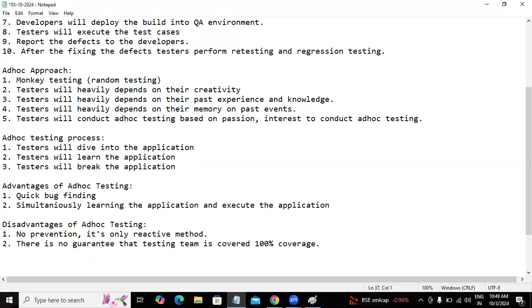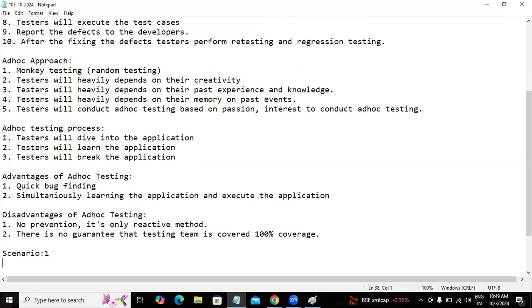Yeah, I had mentioned one scenario, right? I'm going to provide scenario one.